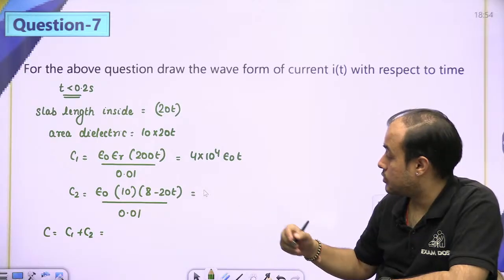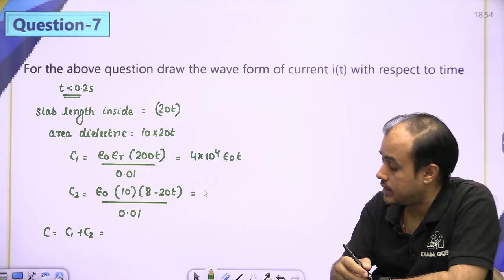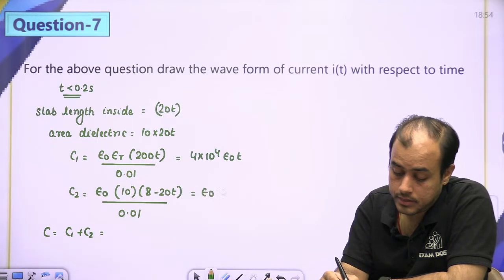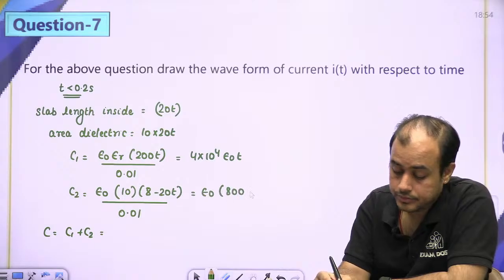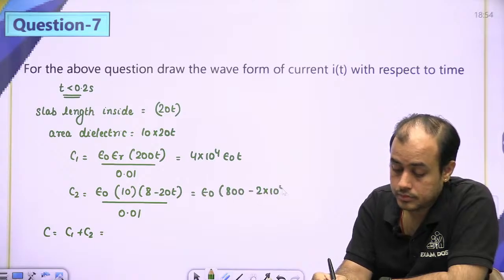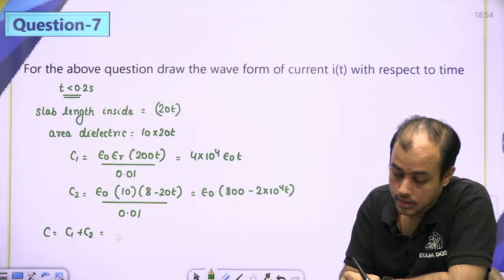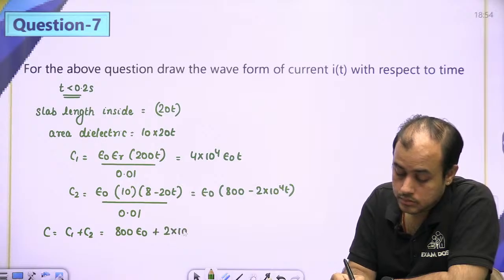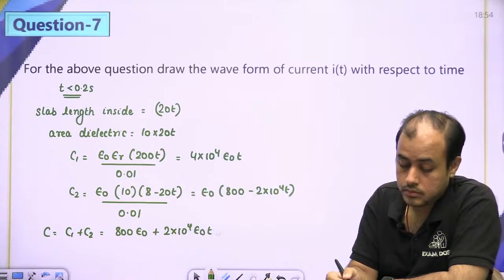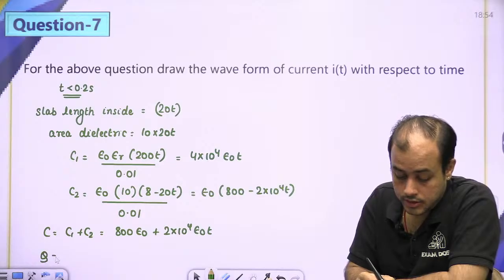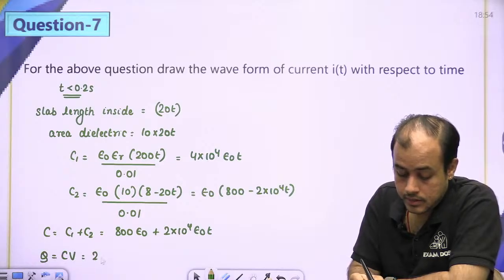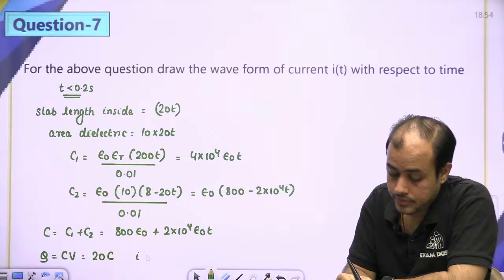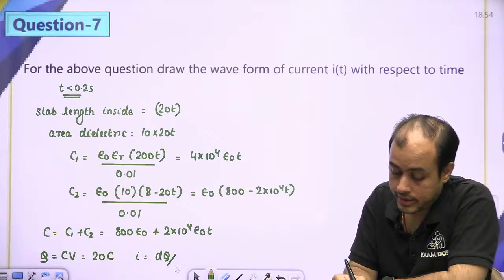So this is 1000. 8000 minus 20,000 T. Okay. Now charge is CV. 20C. Current is dq by dt.